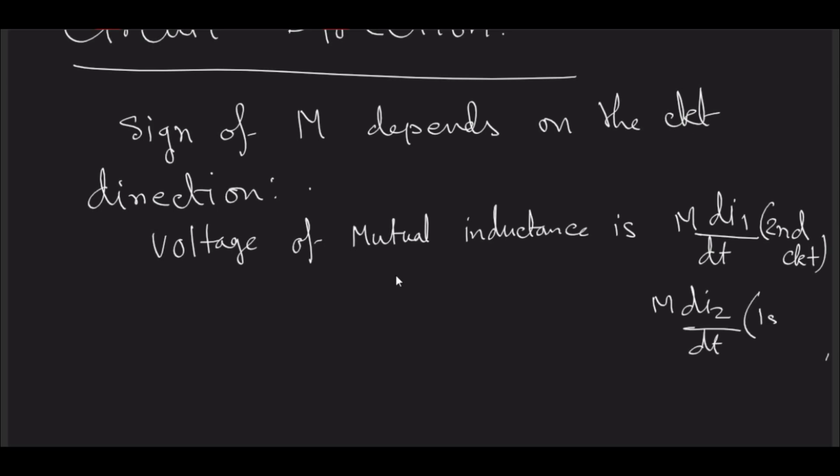Obviously here we are assuming that the reluctance, or rather permeability, of the flux path is constant for both of them.